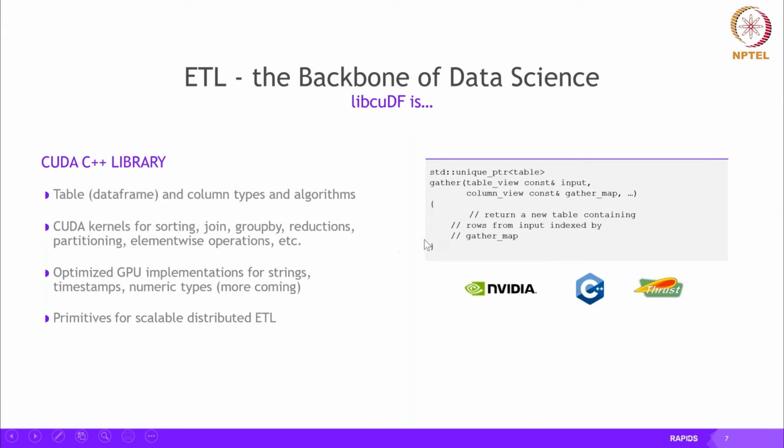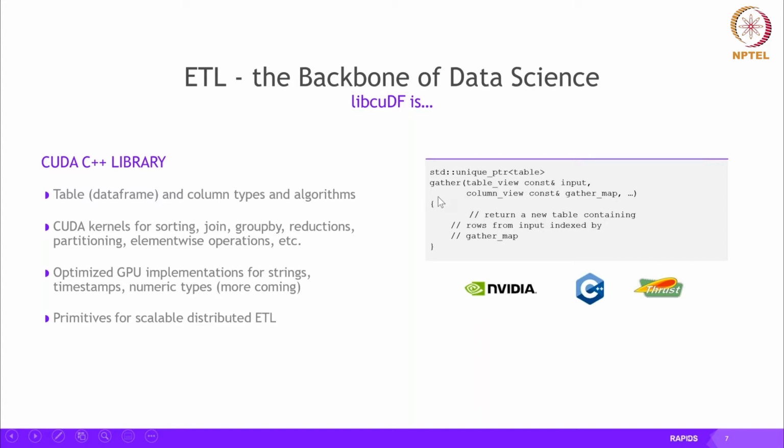Behind the scenes, for all of the APIs which are provided, there are CUDA kernels or CUDA functions which are running in parallel on the GPU. If you call a sorting function, join, group by, reduction, whatever those functions are, they are basically exposed as C++ functions. You can see here, we are calling the gather function.